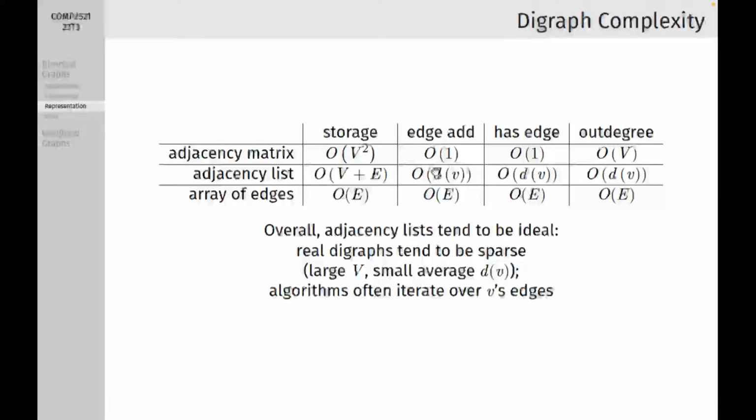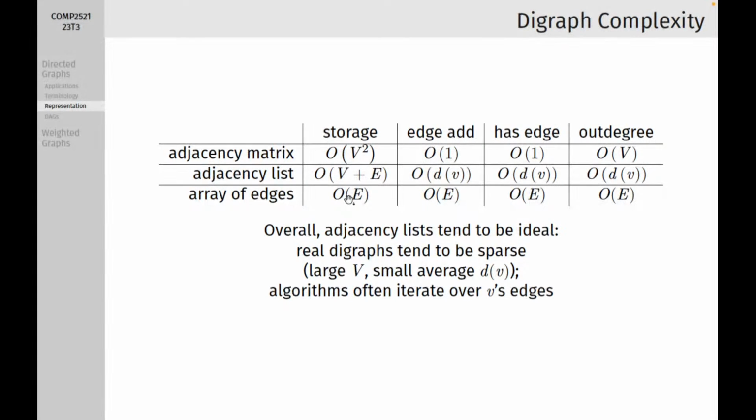So even though in the worst case, the degree of a particular vertex could be V minus 1, where V is the total number of vertices, in the real world that's not really the case. So we write dv here just to indicate that.